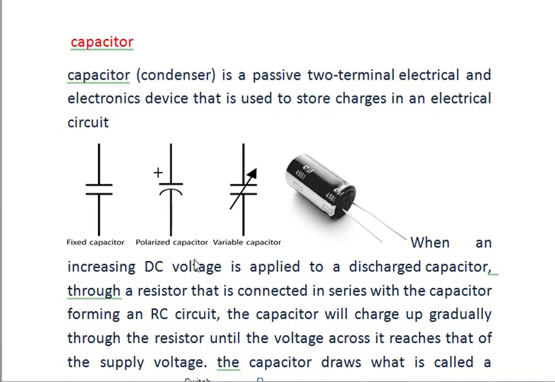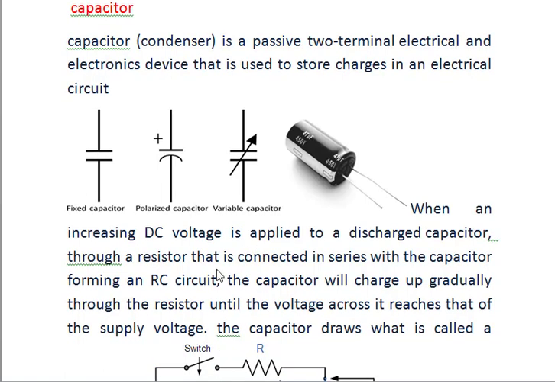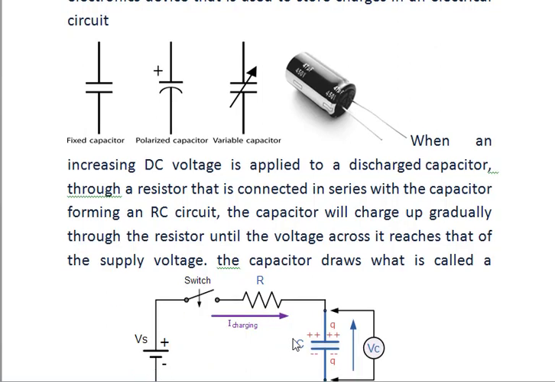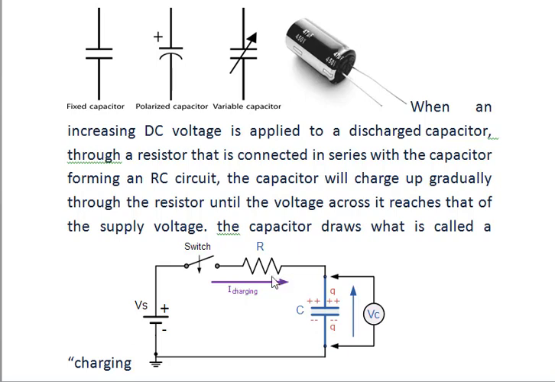When an increasing DC voltage is applied to a capacitor through a resistor connected in series with the capacitor, it forms the RC circuit. The capacitor charges gradually through this resistor until the voltage across the capacitor equals the source voltage.